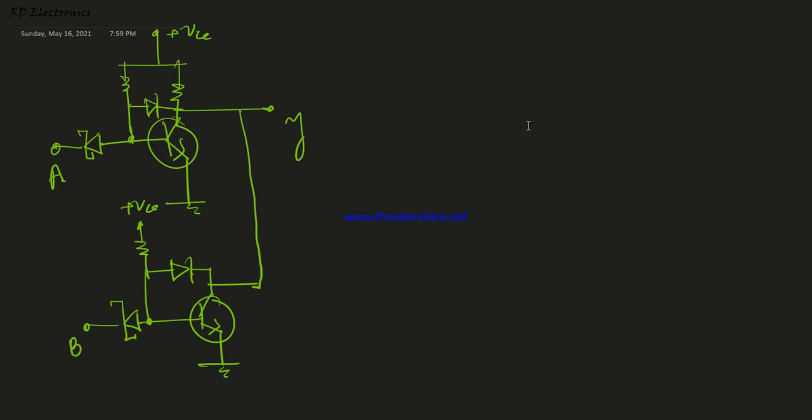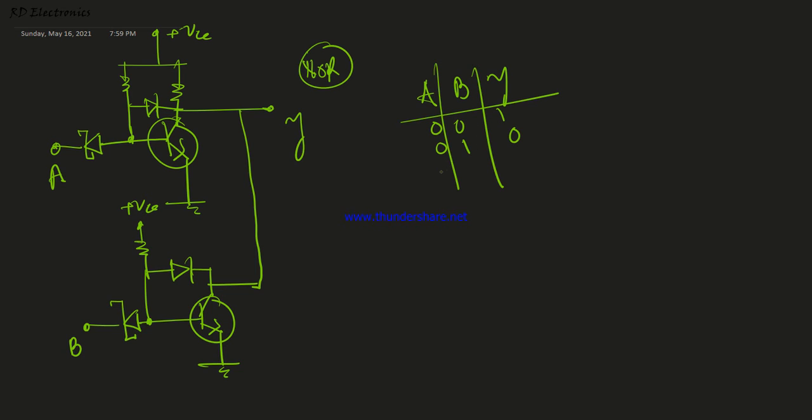Now this is the equivalent circuit of diode transistor logic. This is known as the NOR gate. This is the table where two inputs are applied and this is the output, and the logic states are 1, 0, 1 0, logic 0 also, and this is also logic 0. Here input A is applied, input B is applied.